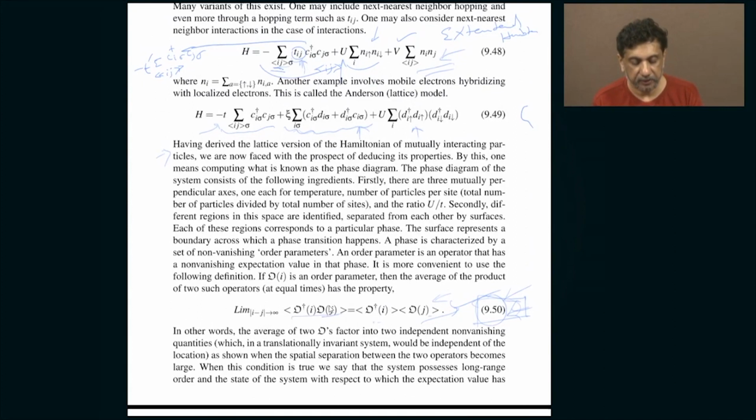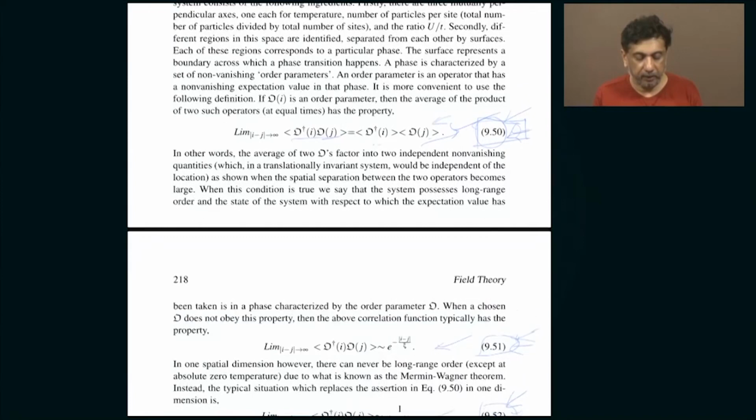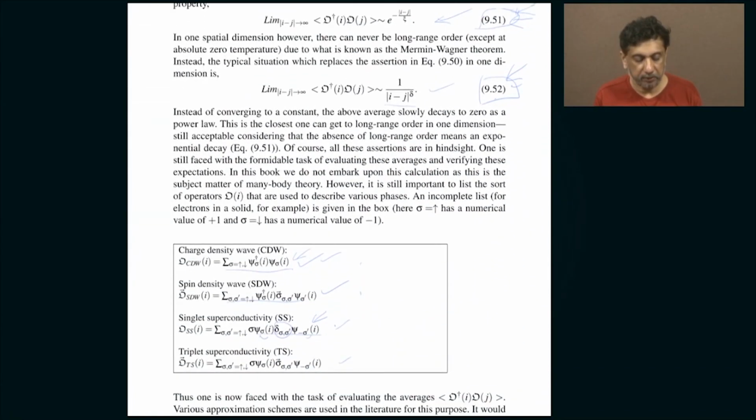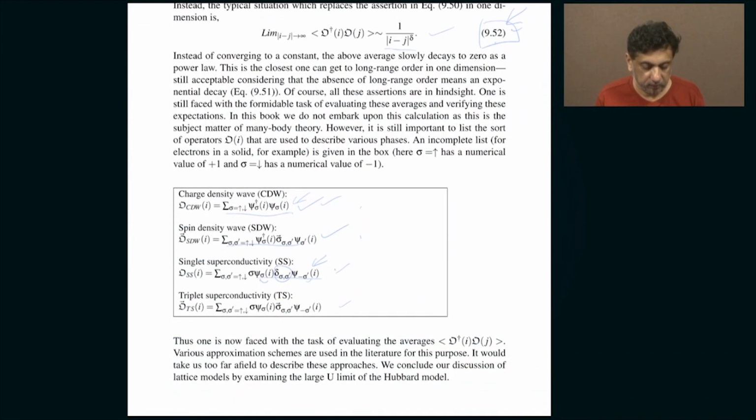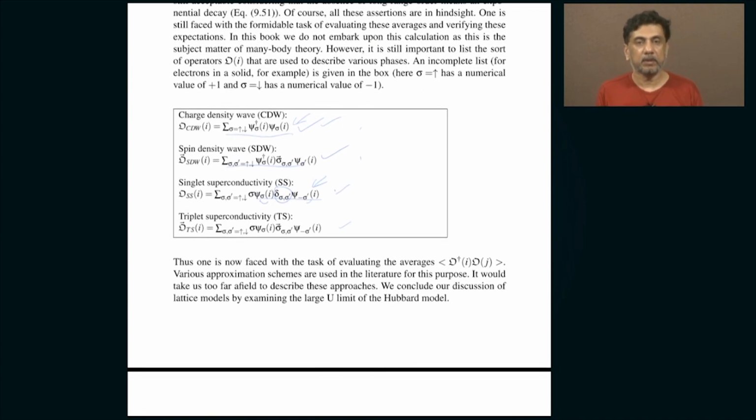Calculating this sort of average of O dagger i O j for a Hamiltonian such as 9.49 or 9.48 is exceedingly difficult, and nothing much is known. Okay. But I have at least told you what is worth doing in case somebody comes up with a very effective tool in the future, such as quantum computers typically. Analytically, it is quite hopeless.